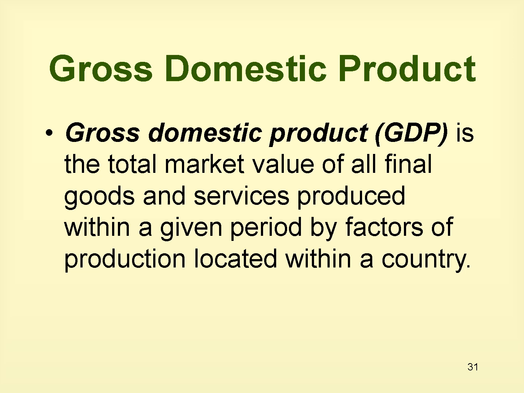Gross domestic product is the total market value of all final goods and services. We focus on the words final goods and services because all the second-hand products we cannot calculate in the national income, within a given period by factors of production located within the country.